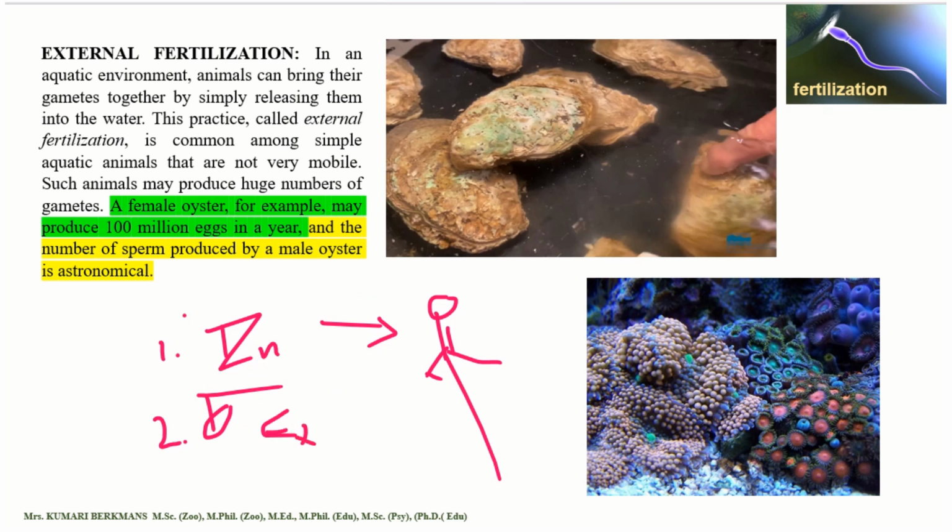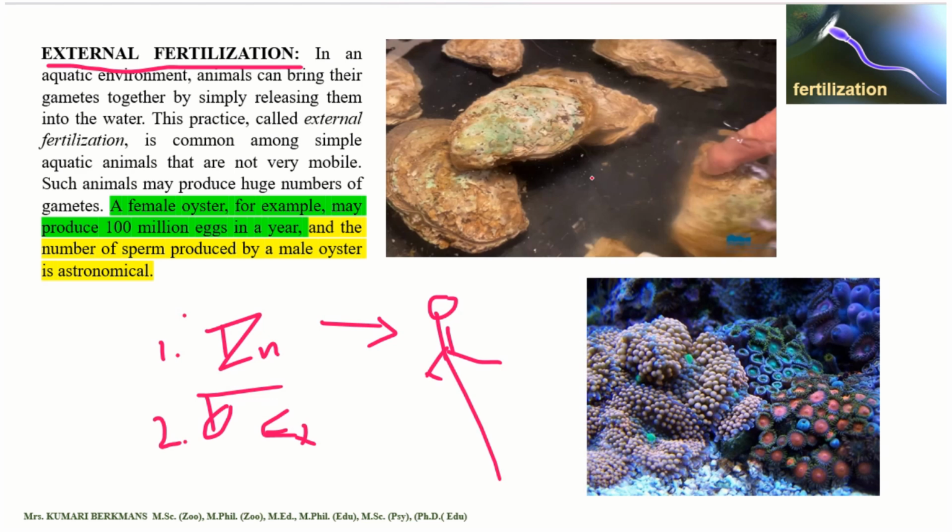Let us take one example, the oyster. The female oyster, for example, may produce 100 million eggs per year, and the number of sperms produced by the male oyster is astronomical.